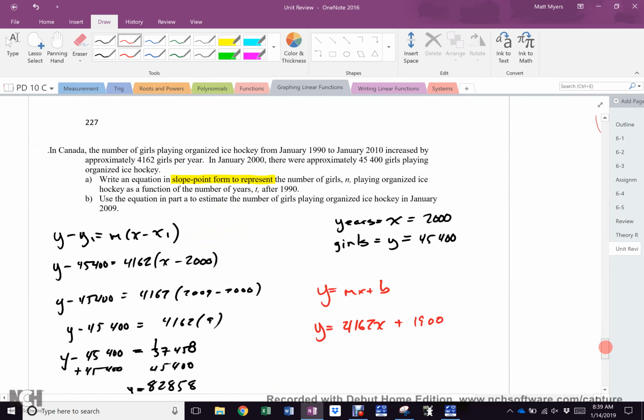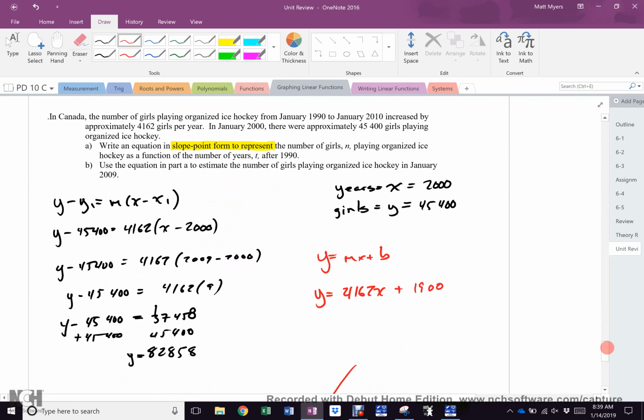And the last question. A lot of people have problems with the last question. I don't know why they have problems with the last question, because I even told you how to do it. I said use point-slope form. But Mr. Myers, we don't have X's and Y's. But we do have X's and Y's because we are counting time versus girls playing hockey.